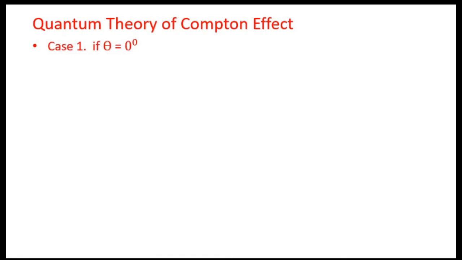Now let's see some cases of the Compton effect for different angles of scattering. What happens if the angle of scattering theta is equal to 0 degrees?